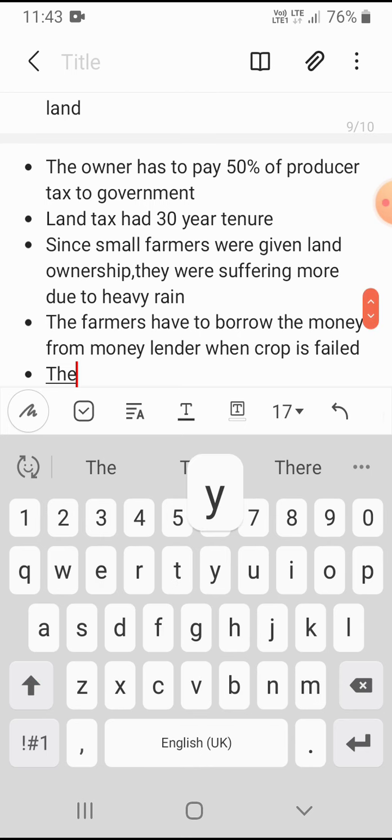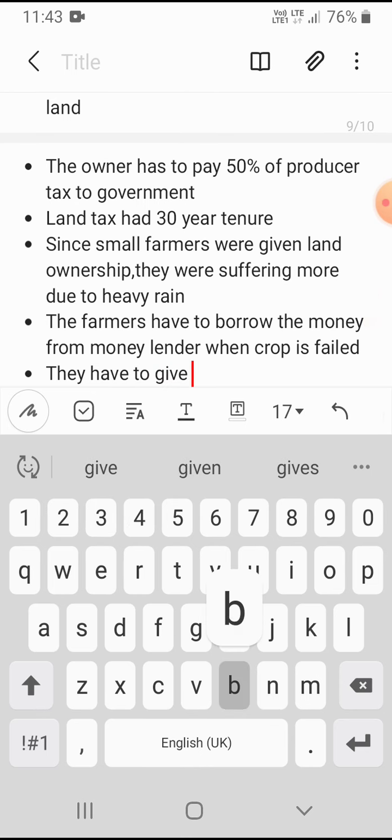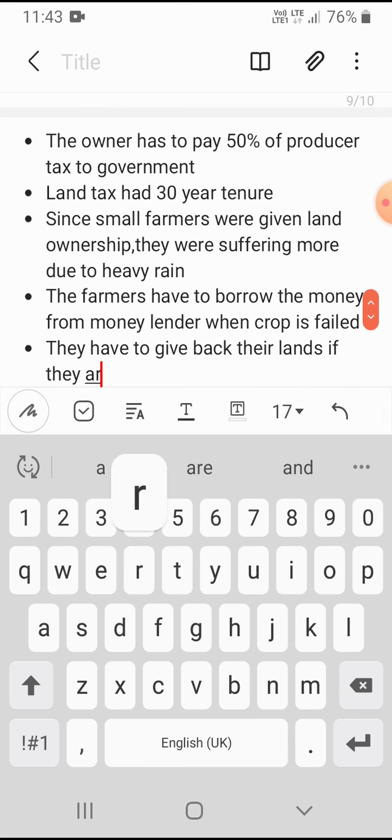And they had to give their lands if they were unable to pay.